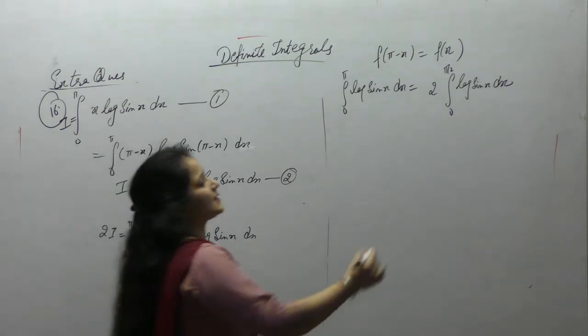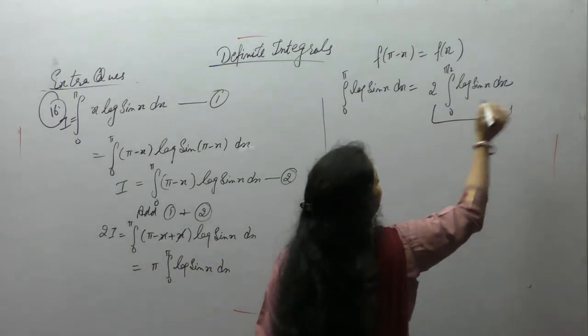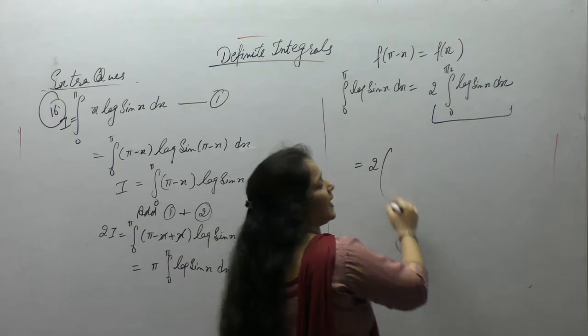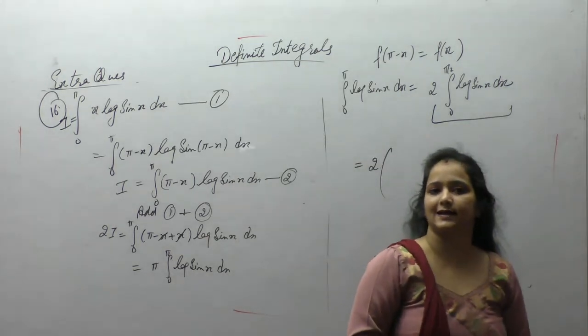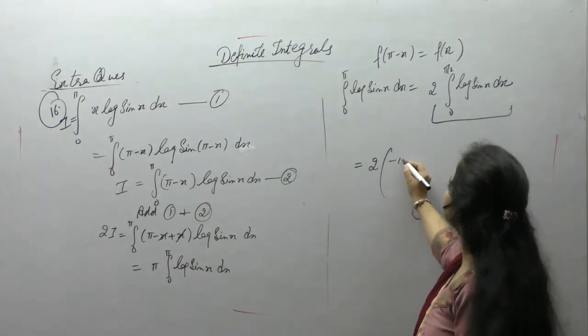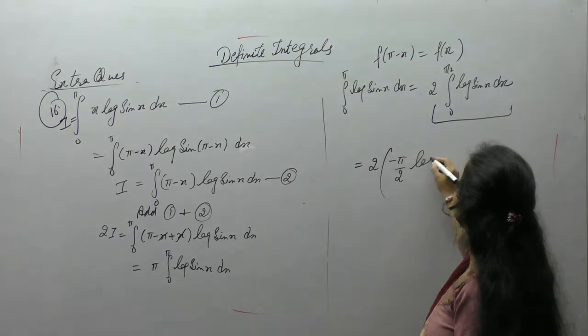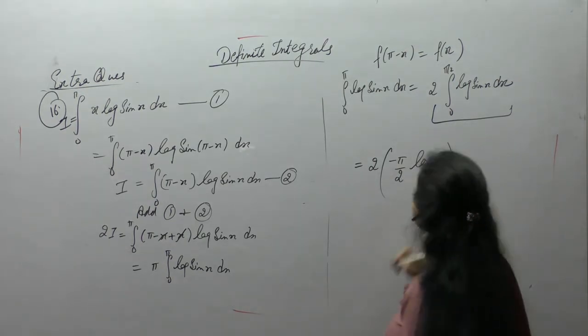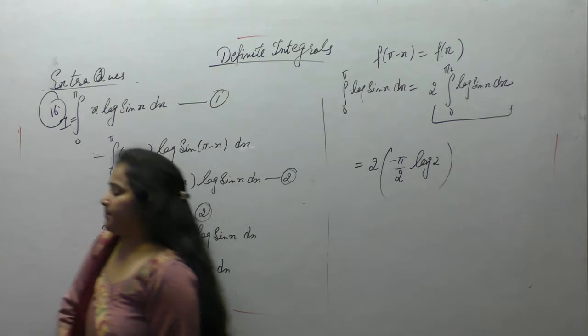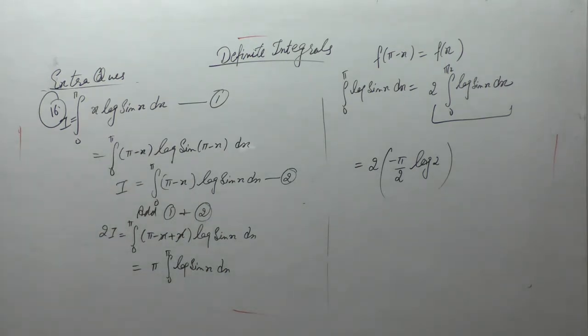And we have already solved this integral. Integral 0 to pi by 2 log of sin x is equal to minus pi by 2 log 2.